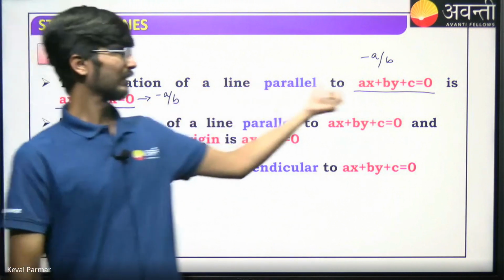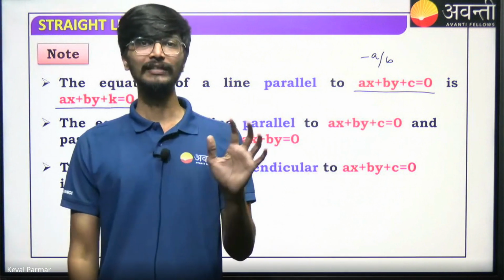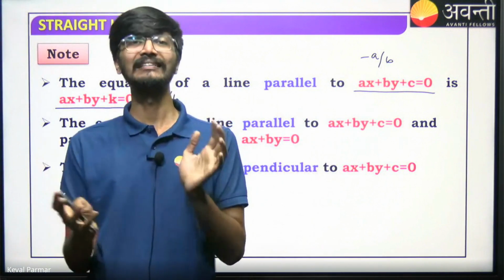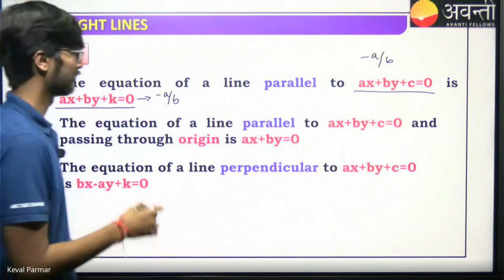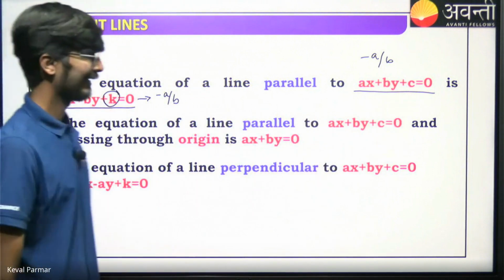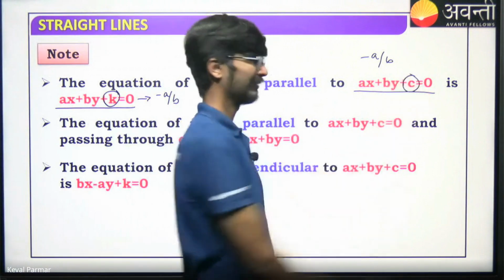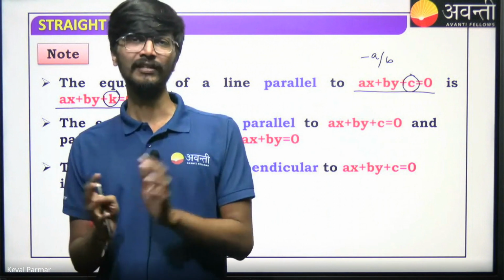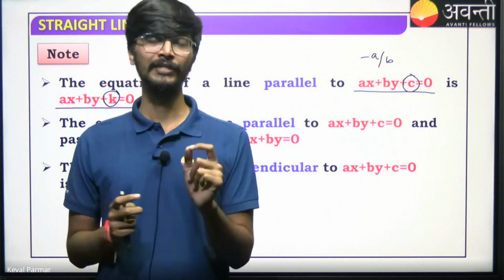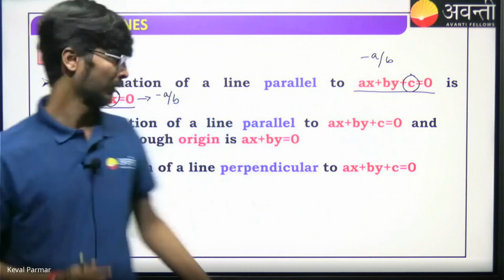Since the slopes of both the lines are the same, that means the lines are parallel. The only difference is the constant. Here the constant is k and here the constant is c. So the only difference between two equations of lines which are parallel to each other is the constant term.